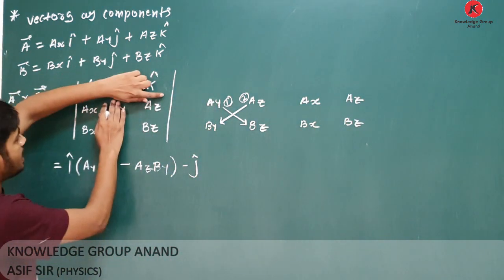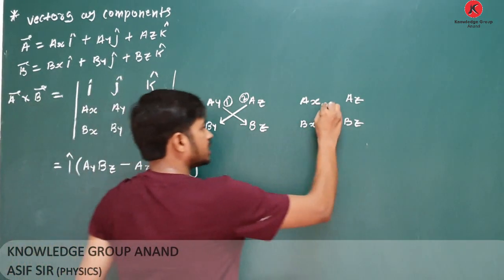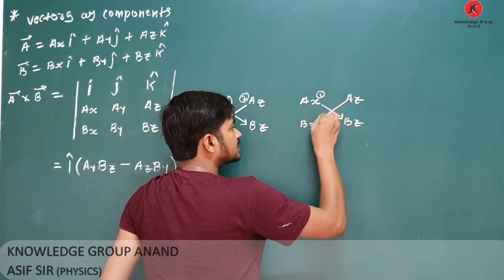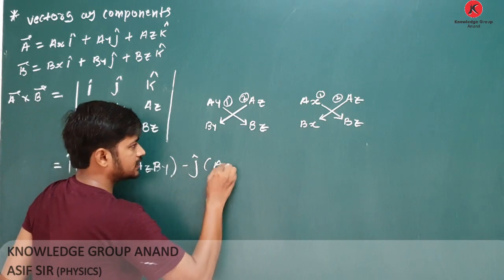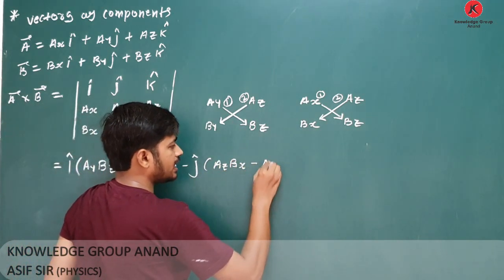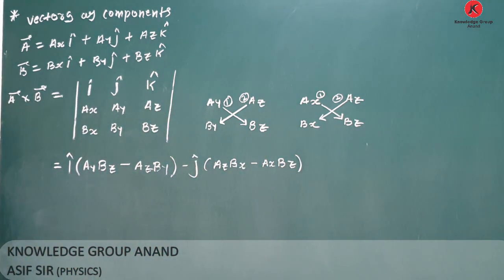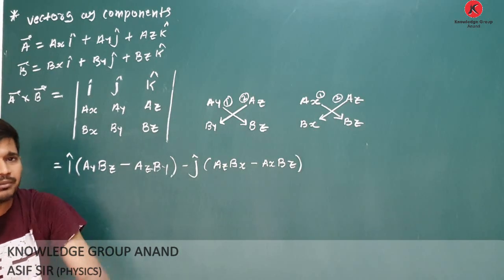Clear about this? See again, AX, AZ, BX, BZ. Again, first multiplication, this, and then second multiplication. Then how to write it: AZ BX minus AX BZ. Clear about this? Okay, and see, yes, it is an equation. It is a format that you have to remember.